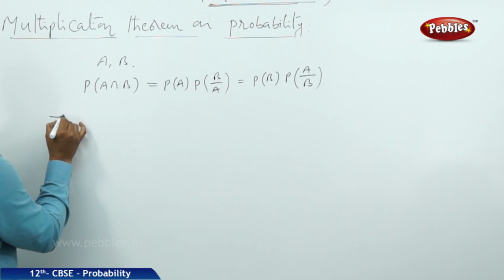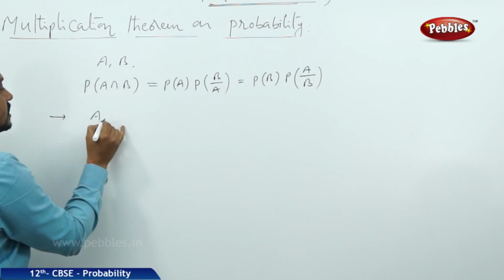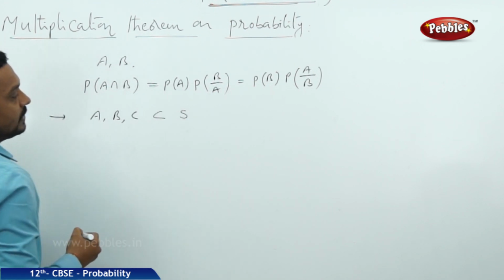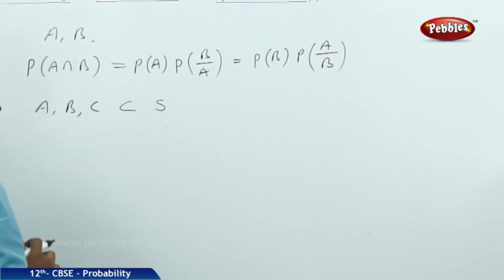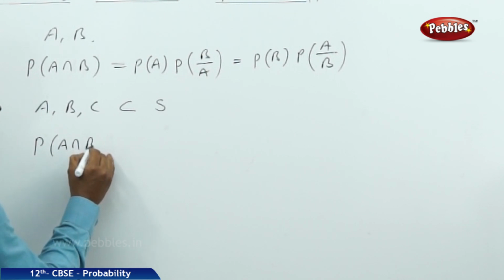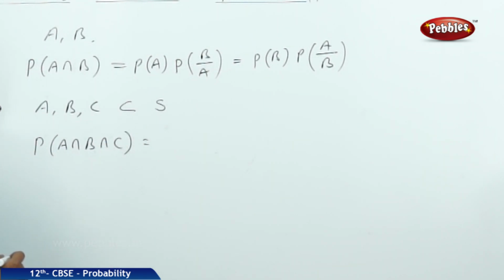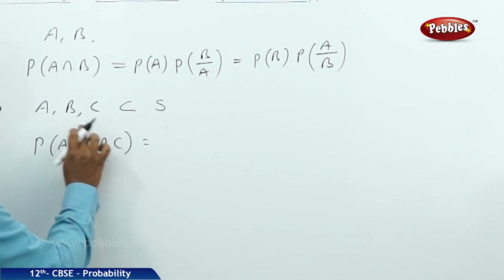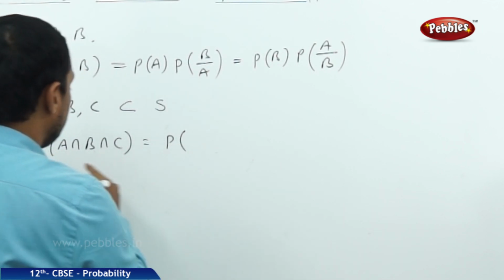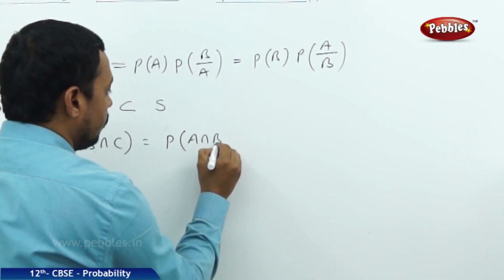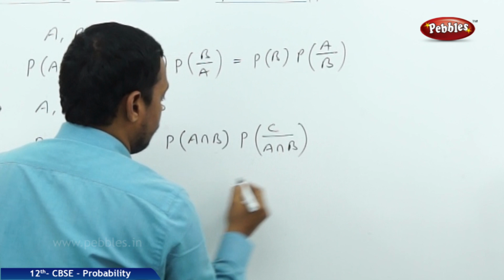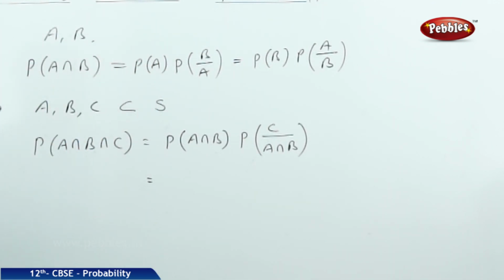Suppose there are three events, A, B, C, in a sample space S. Now let us find the probability of A intersection B intersection C. Here let us take A intersection B is equal to some event D. Then it is P of A intersection B into probability of C by A intersection B by the above theorem.